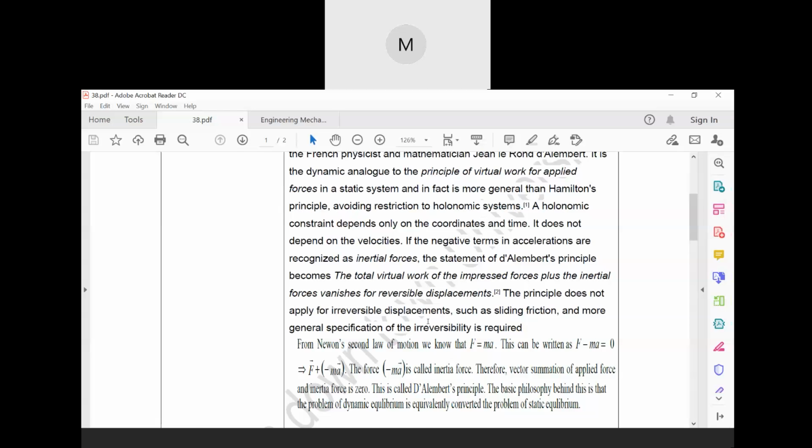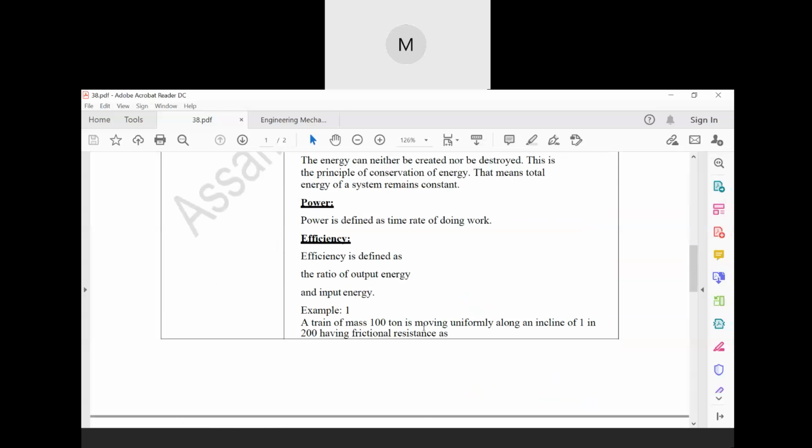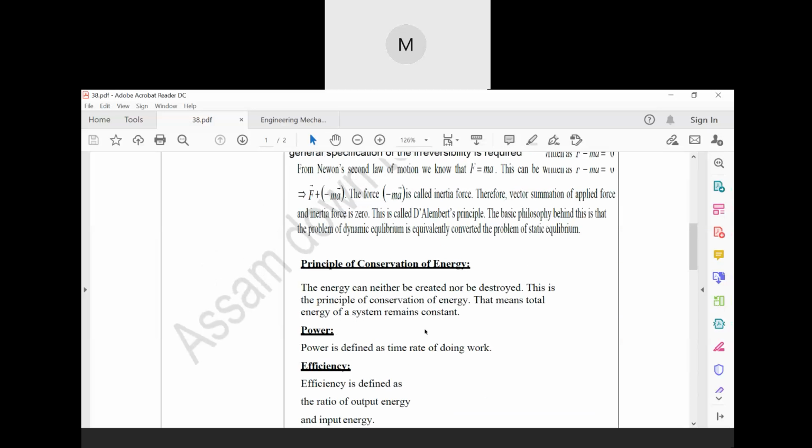So if you can see, there is another term called the principle of conservation of energy.